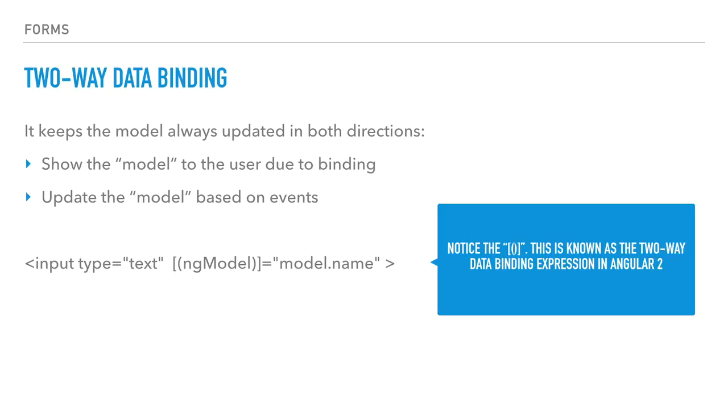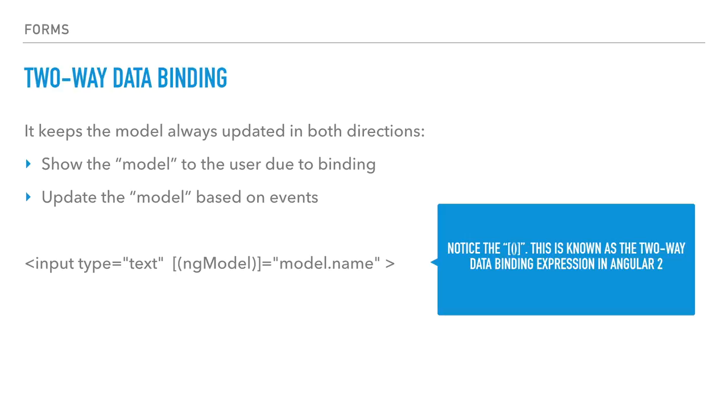It's a little bit different from Angular 1. In Angular 1, there was a proper two-way data flow, okay? But in the case of Angular 2, it's just a combination of two different flows in the direction from the user input to the model and the model to the user input.